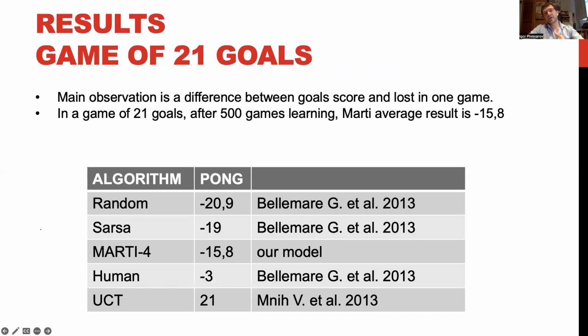And if we let MARTI play the game up to 21 goals without any restriction on steps, it loses with a difference around -15, while random is around -20. Of course, the best models now win like 21 to 0, but this is the level we are going to achieve.